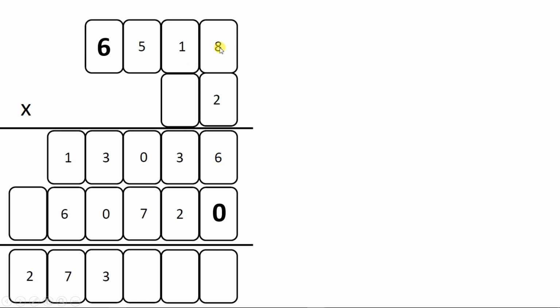So now we have 8 times something is 2, but because you can't multiply by 8 to get 2, we know that they must have multiplied 8 by something which gives a units digit of 2 and then carried over.